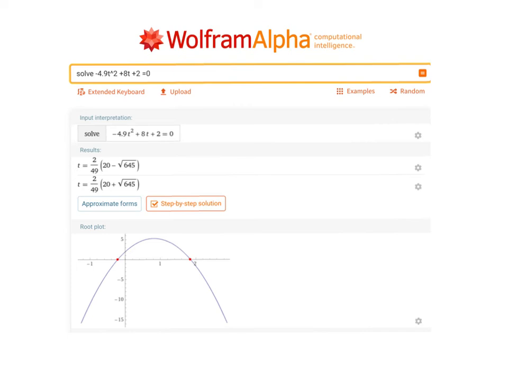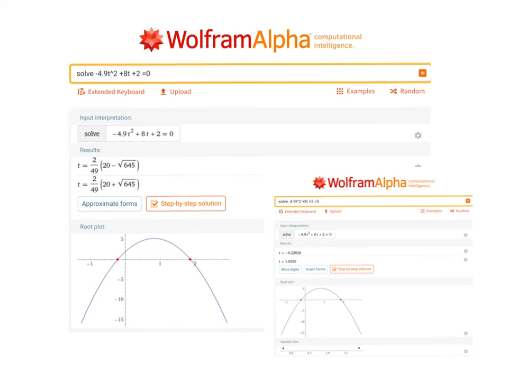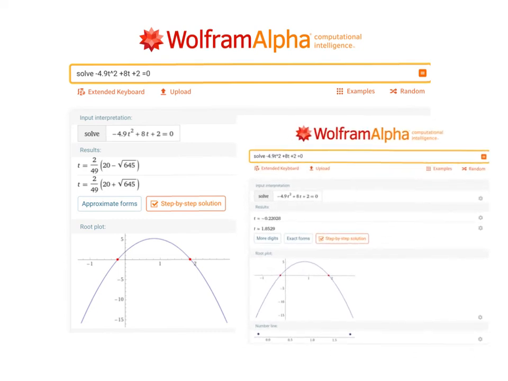And that's really wonderful. And this is in terms of square root signs. If you want a numerical answer, all you've got to do is click on this button here that says approximate forms. And if you do that, something like this will pop up. And then you can see down here the exact solutions to the equation are given numerically.